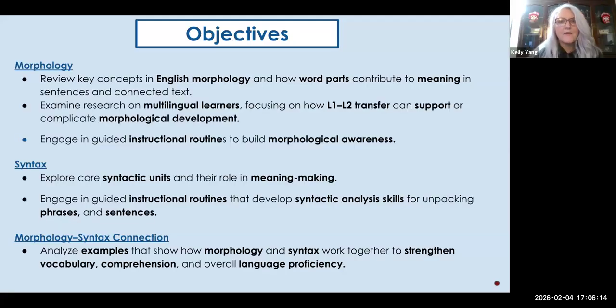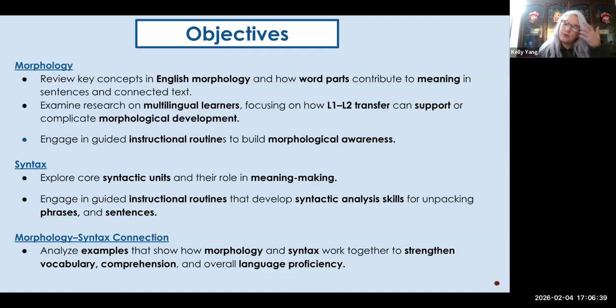Okay, so we have a rather hefty set of objectives today. We are going to be looking at morphology and syntax through the context of how learning more about morphology and syntax can help students to engage in and understand more complex text.